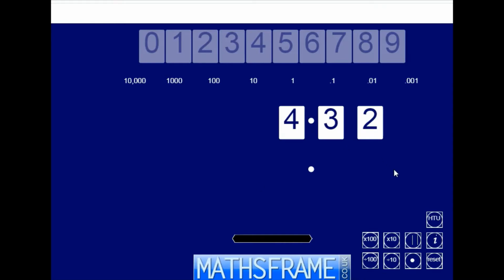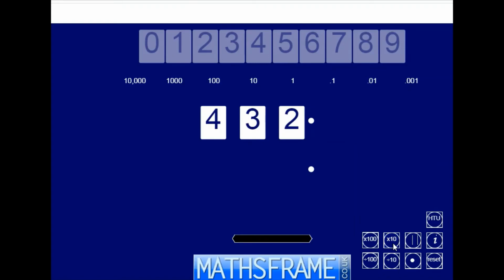Now remember, 1,000 has 3 zeros, so it's going to move up 3 places along the place value chart, which is the same as 10 times bigger, 10 times bigger, 10 times bigger, because 10 times 10 times 10 is 1,000. So I'm going to do 3 clicks of 10, and there's going to be one place for each click. So 10, 100 times 1,000, and there we go.